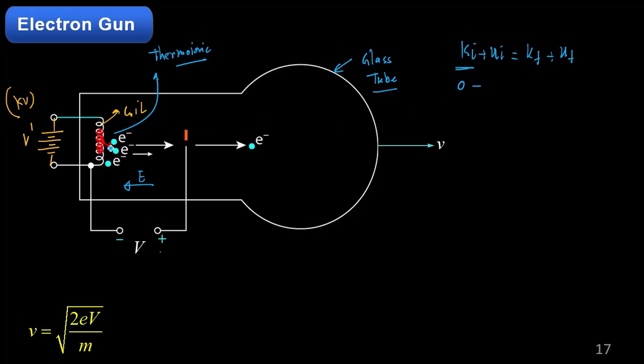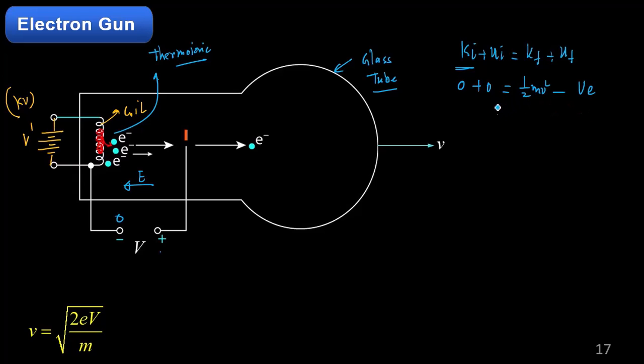The electron's potential energy is nothing but the potential times the charge. The initial potential is 0, because initially it has a 0 volt potential. So it is also 0. The final kinetic energy is half m v squared, and then the potential energy. The electrons are coming toward the positive side of the battery, so the potential is capital V and the charge is minus.